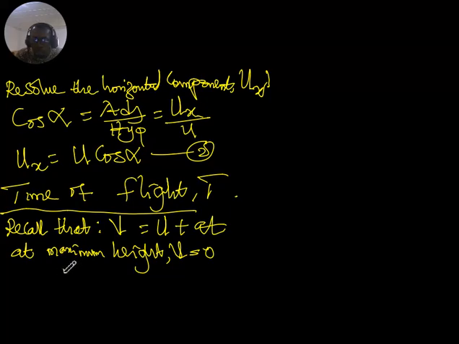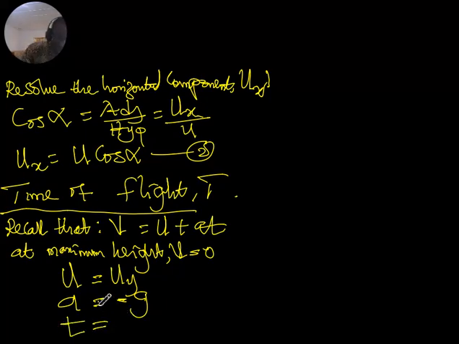Time of flight takes place on the vertical component of velocity, so u there becomes u of y. The body is thrown up, a becomes negative g because it is going against gravity, and your t becomes the time taken to reach the maximum height, not the time of flight.